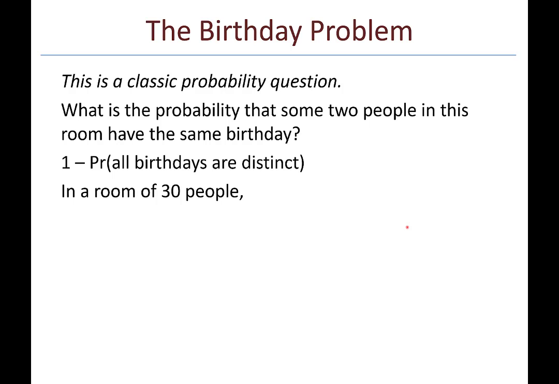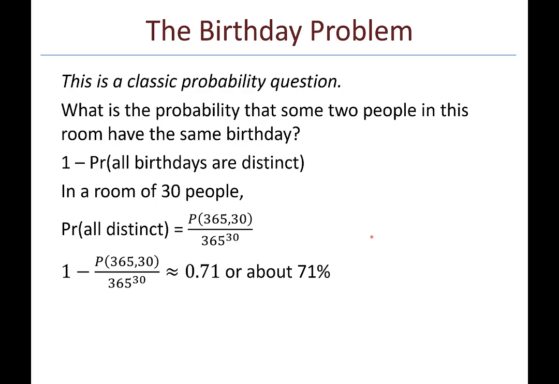So I want to figure out 1 minus the probability that all the birthdays are distinct. Well, the probability that all the birthdays are distinct is 365 permute 30 divided by 365 to the 30th power. So 1 minus that number ends up being about 0.71 or 71%.